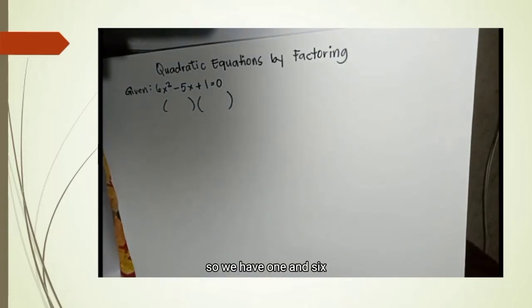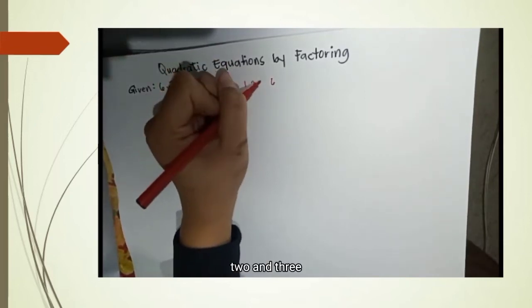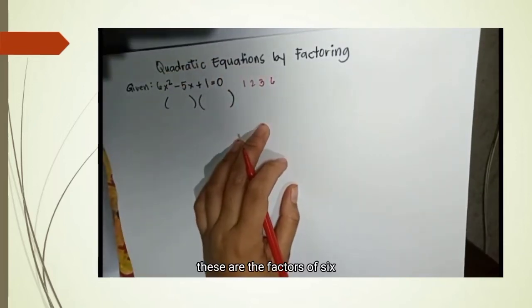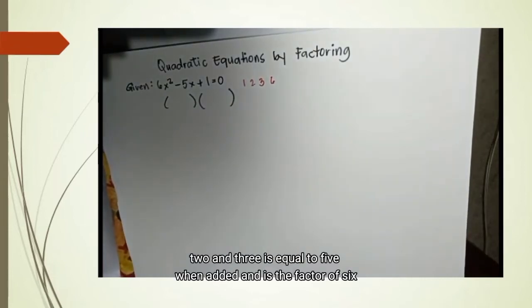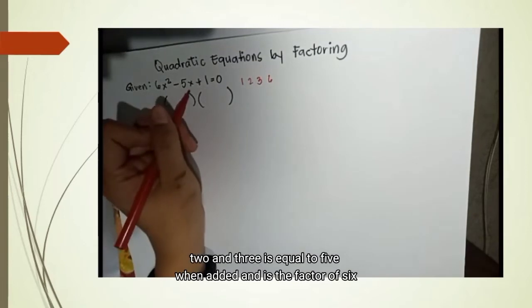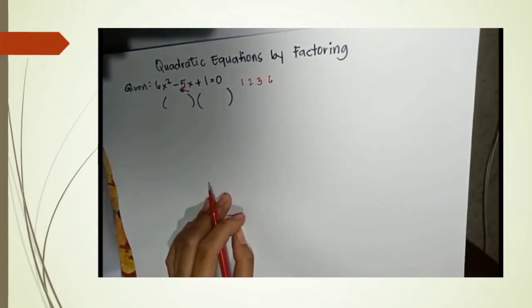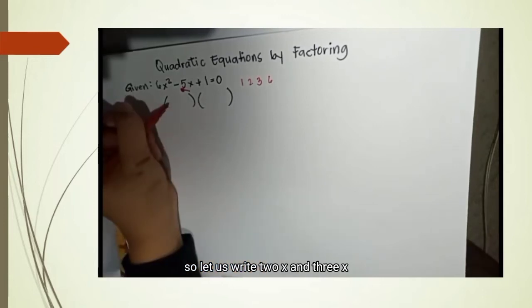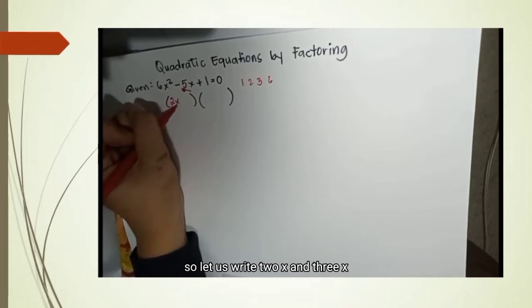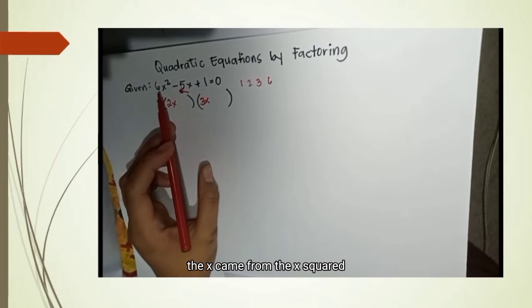So we have 1 and 6, 2 and 3. These are the factors of 6. 2 and 3 is equal to 5 when added, and is a factor of 6. So, let us write 2x and 3x. The x came from the x squared.